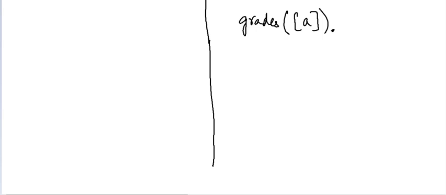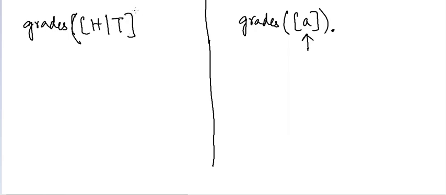Okay, what if I have something like this? I have an array with a single element inside of it, and if I was now to ask this query, which would say head tail, right? So the first element and the only element is a.